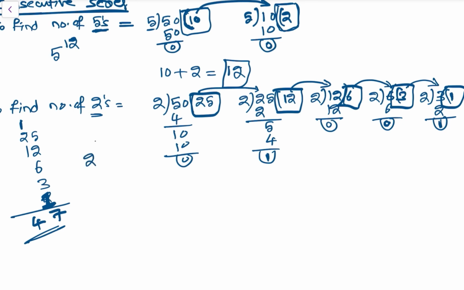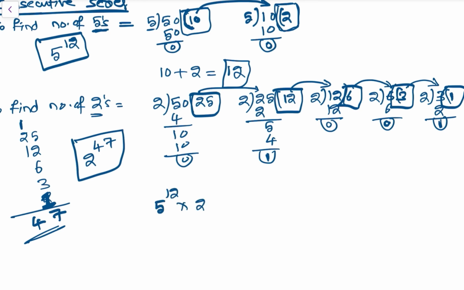So that is 2 to the power 47, so that is 5 to the power 12 into 2 to the power 47. And we know the one with the smaller power is what counts. So the number of zeros is equal to 12.